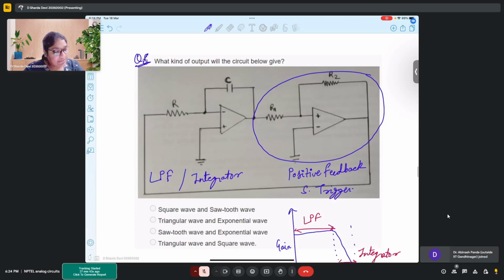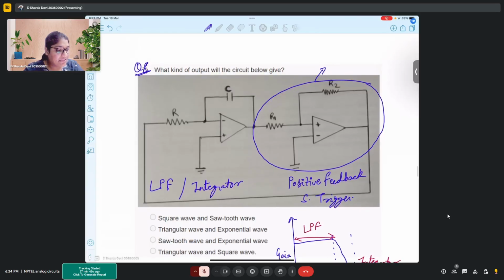Now we know that a Schmitt trigger gives us what type of wave? What is the output of a Schmitt trigger? Triangle. Why is the output of a Schmitt trigger a triangle?